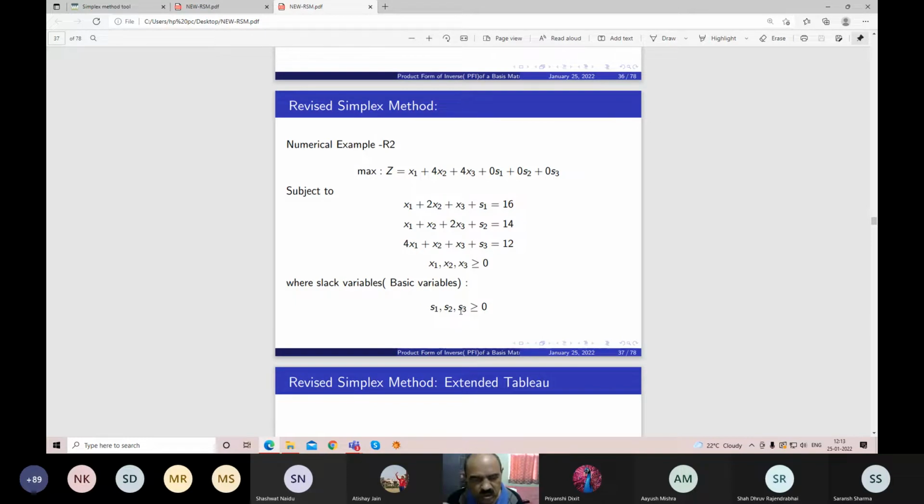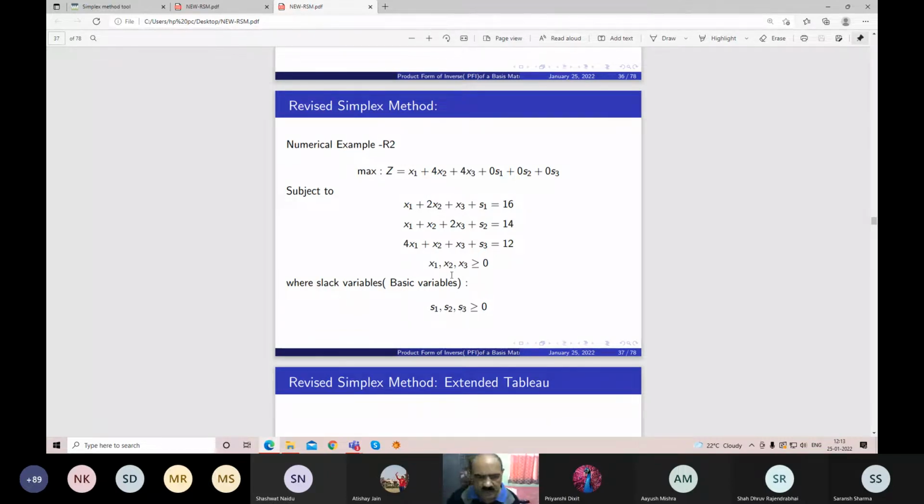After finding the 20 basic feasible solutions, if you are not using any simplex method, you can conclude what is my optimal solution. That is the maximum number of basic feasible solutions, 20. This is the upper bound; it cannot be more than 20. So we are not going for that.